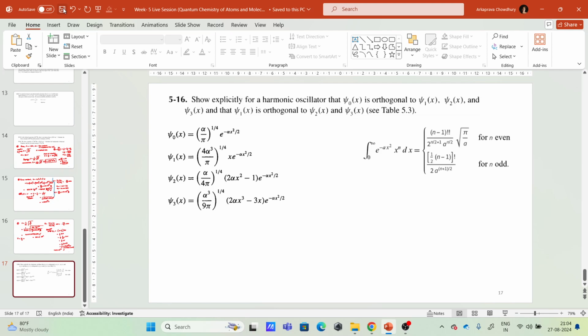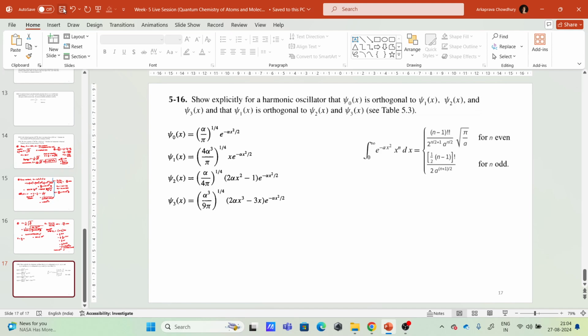But remember, for a harmonic oscillator your range is from minus a to plus a. Here the integral is given, sorry, from minus infinity to plus infinity, while here your range is given from 0 to infinity. So you may have to tweak your integrand in such a way that you can break it down from 0 to infinity.